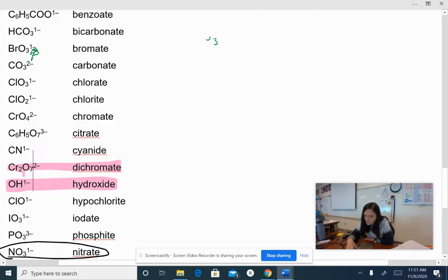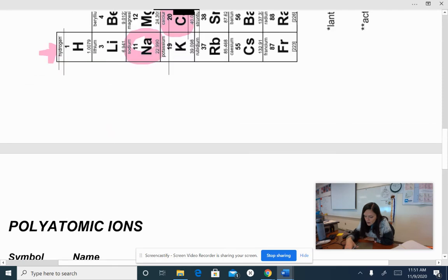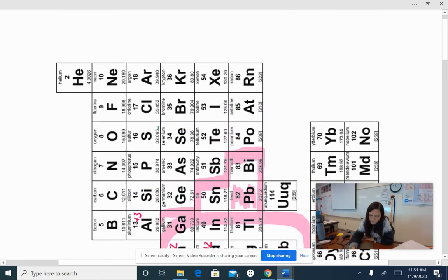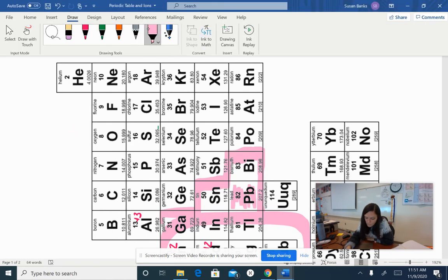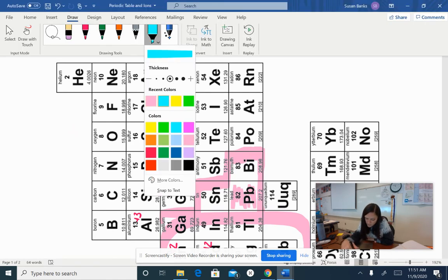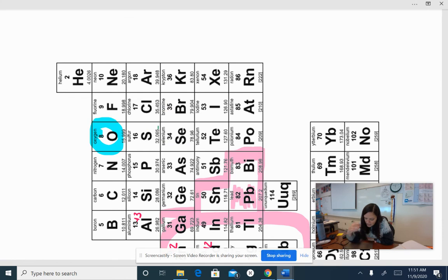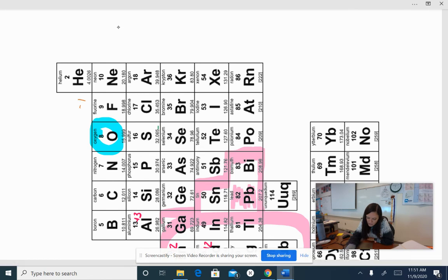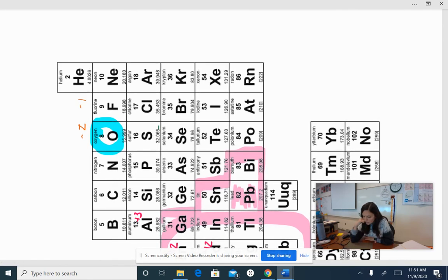If I look at where oxygen is on our periodic table, oxygen's right here. Remember, the halogens had a -1 charge right here. So that means this column has a -2 charge. So oxygen is going to be assigned a -2 charge.